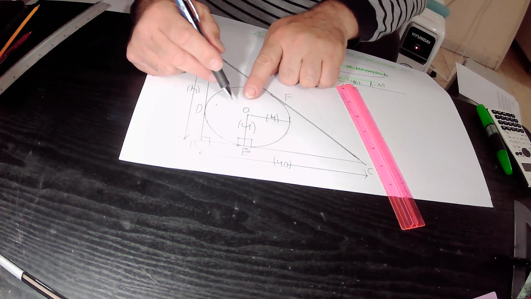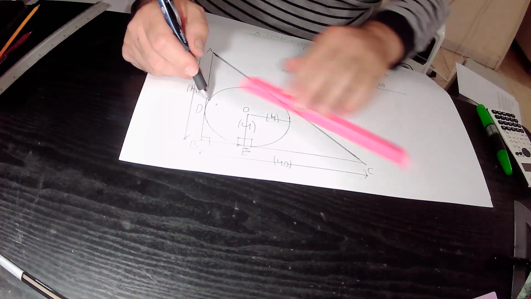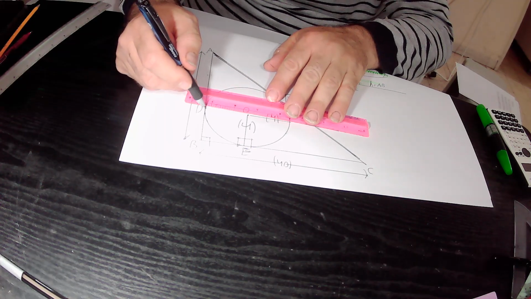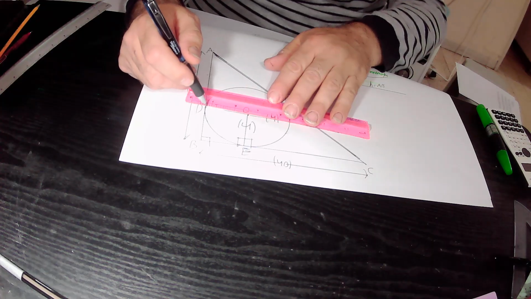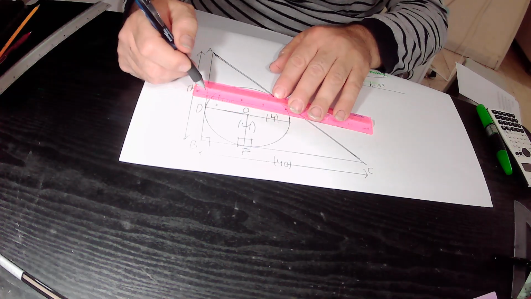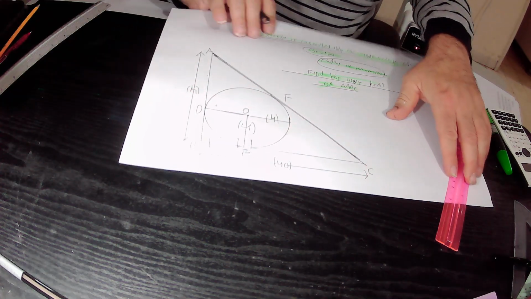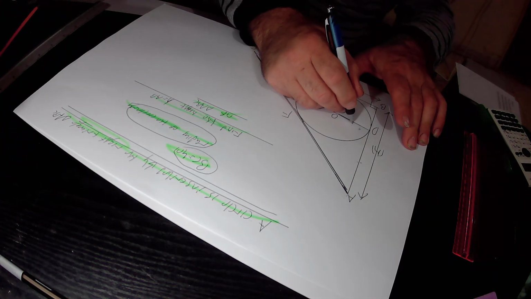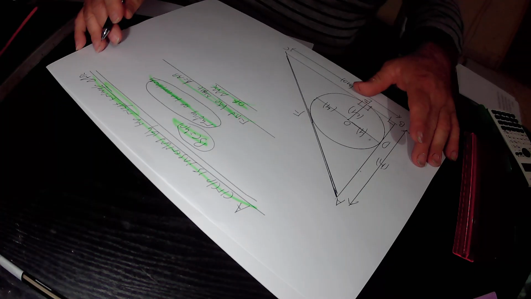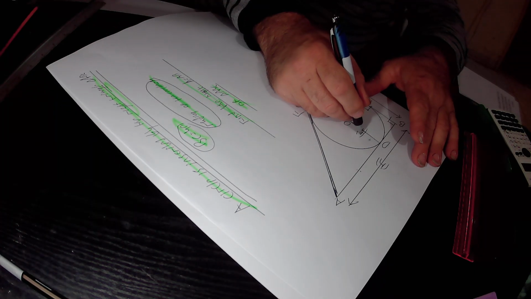Likewise, we will join points O and D together by a straight line. OD is of course the radius of this circle, equal to 4.